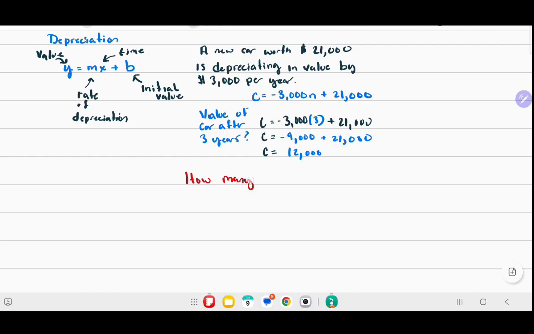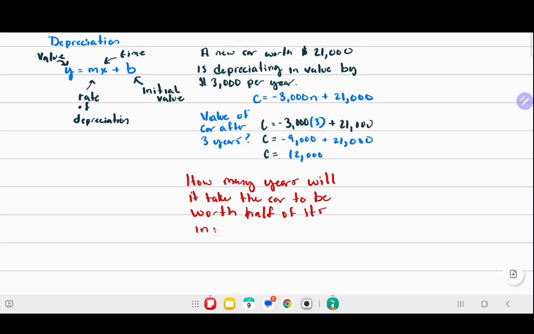How many years would it take for the car to be worth half of its initial value?